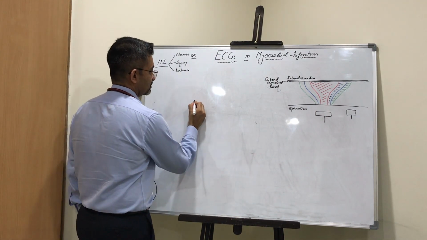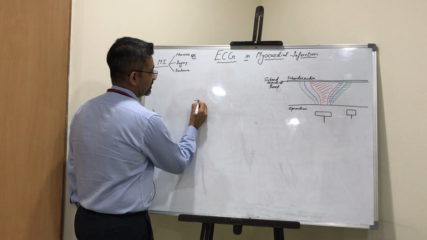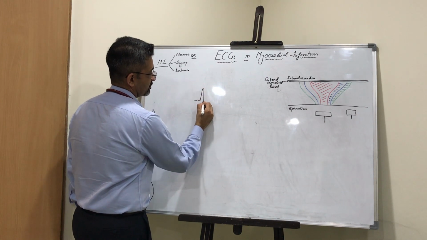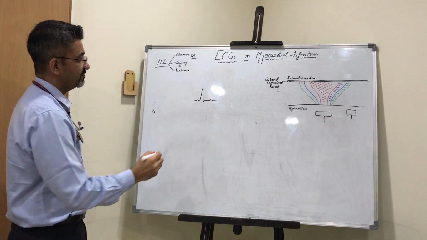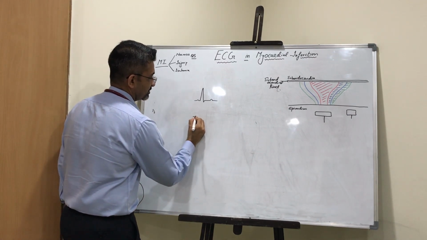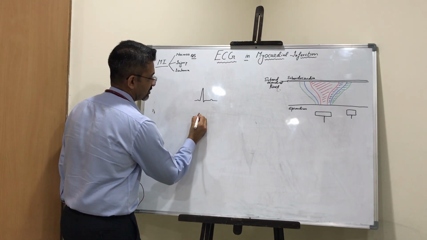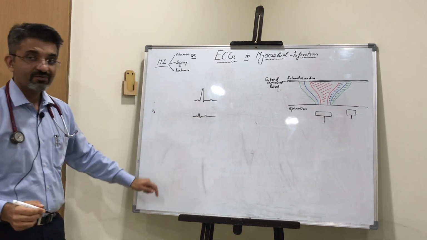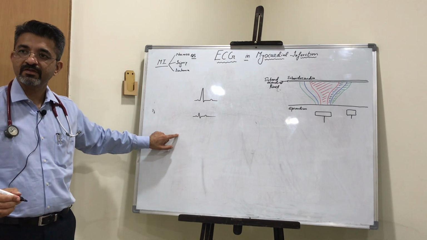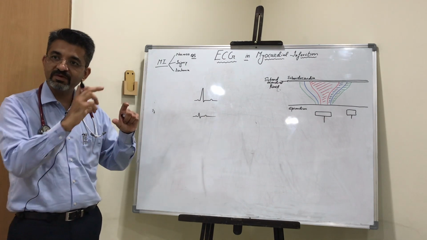So if I have, say, in V6 a P wave, this formation which is ideal, and I find that in my lead V6 I am having something like this, we have to get alert. V6 has a robust R wave.